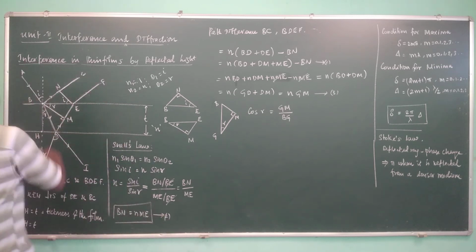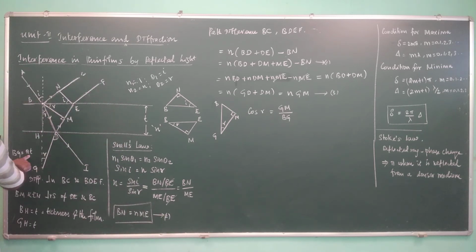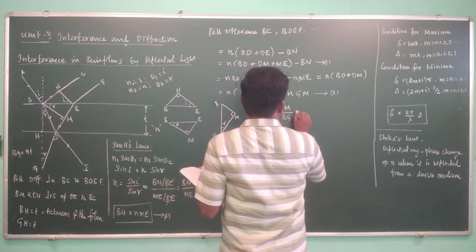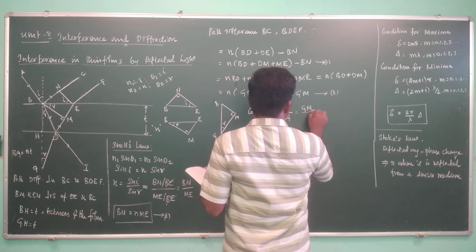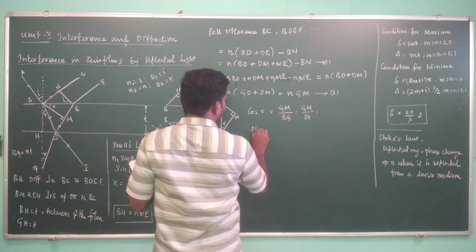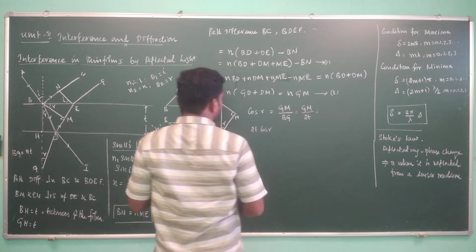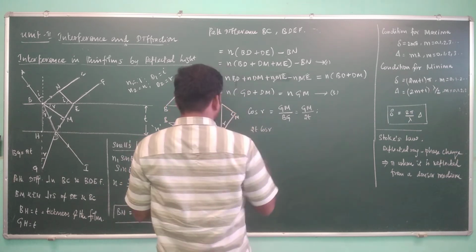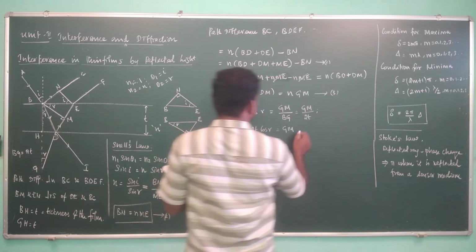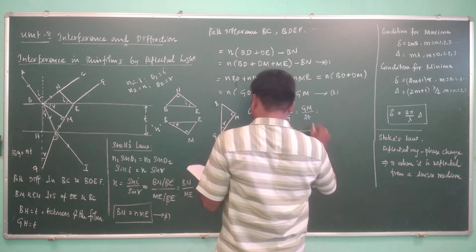But what is BG? BG is 2T, nothing but 2 times the thickness. So it is nothing but GM by 2T, or you can write 2T cos R, which is equal to GM. This is equation 4.